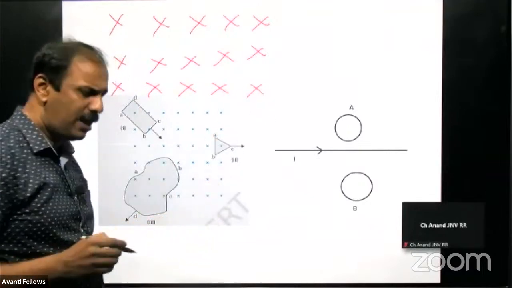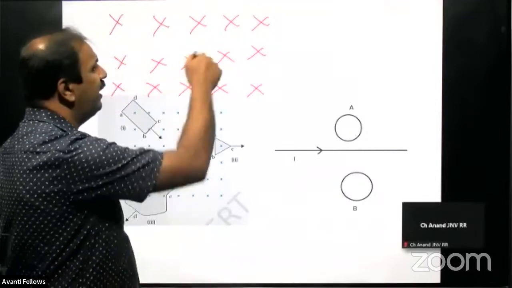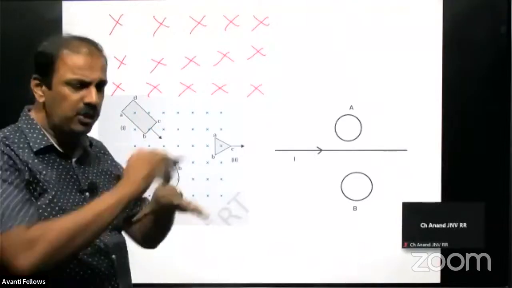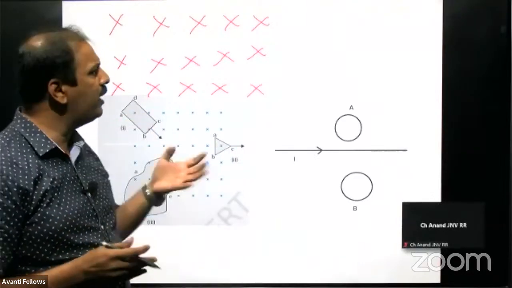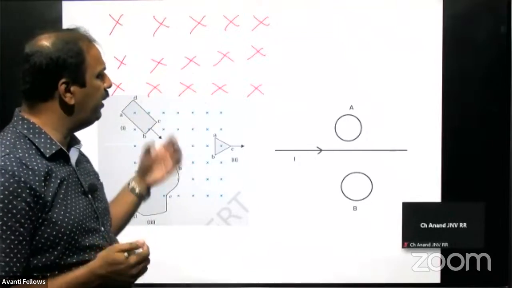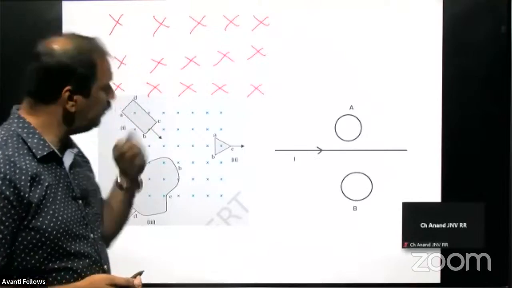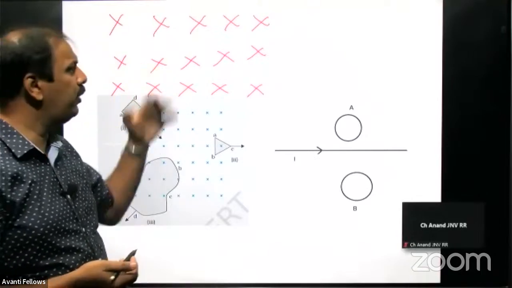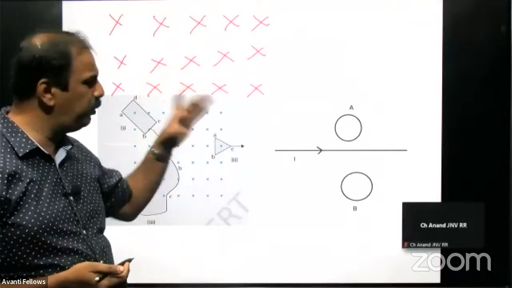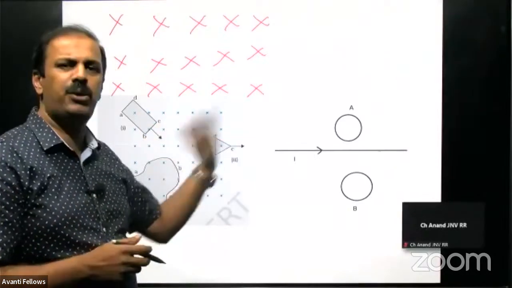Okay, in examination, you have to use the proper terms. When something is like this, you don't write it as downwards, upwards, and all, because you are writing on the paper. So your answer should be, when it is toward that side, you have to write into the plane of the paper. Sorry, if it is coming toward this side, you have to tell it's away from the plane of the paper. So that direction is very important in the case of magnetic field. If north, south and all is given in the question, you write it as north, south and all.